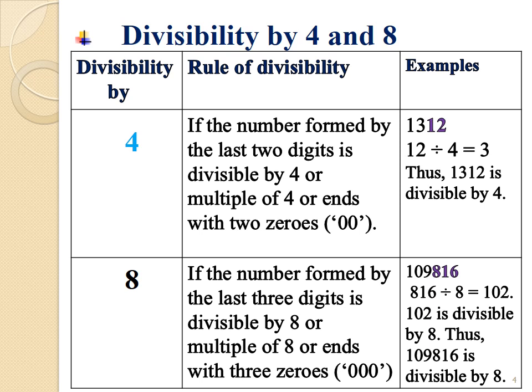Now, divisibility by 8. A number is divisible by 8 if the last three digits are either zeros or the number formed by the last three digits is divisible by 8. For example, 1,09,816.